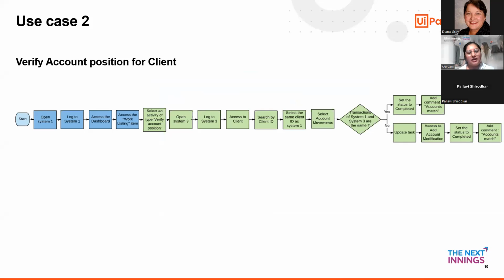For example, here we have use case number 2, where we need to verify the account position for the client. This process, again, does not involve much decision making. Just for demo purposes I have chosen this, but in real scenarios we may encounter much more complex projects, which include multiple decision making, action points, and steps as well.